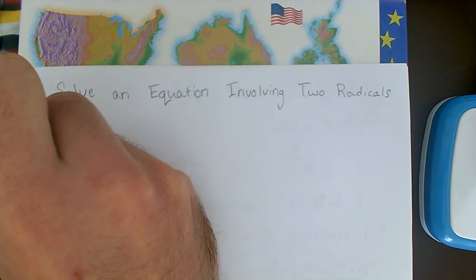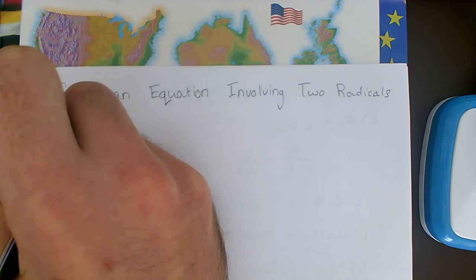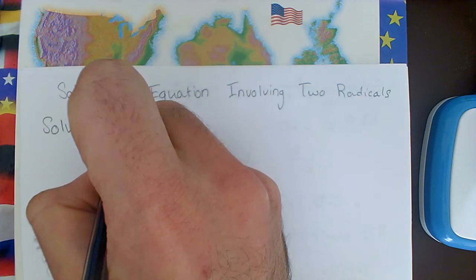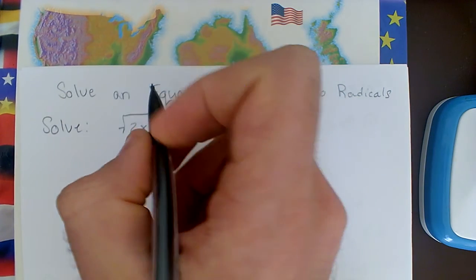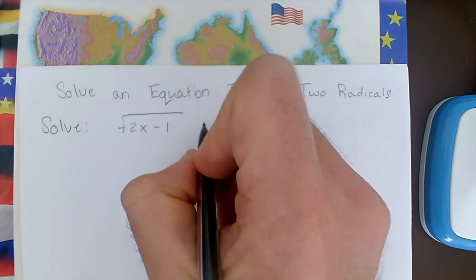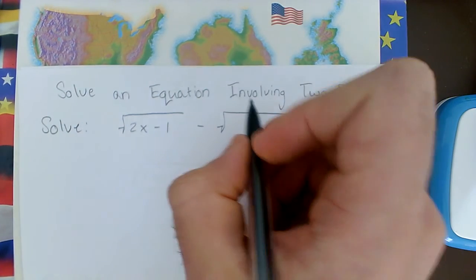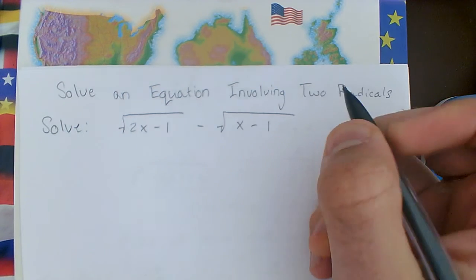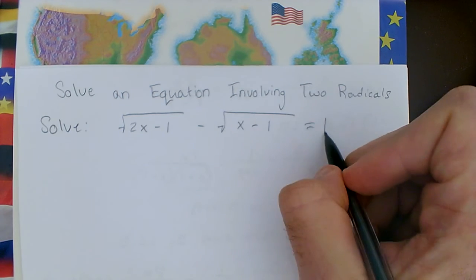Okay, so the example is: solve, for the directions, the square root of 2x minus 1 minus the square root of x minus 1 equals 1.